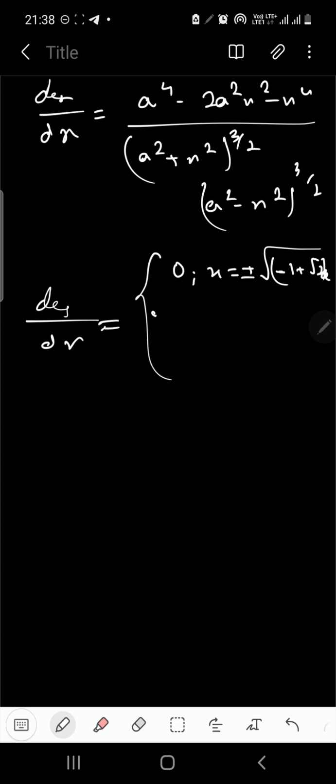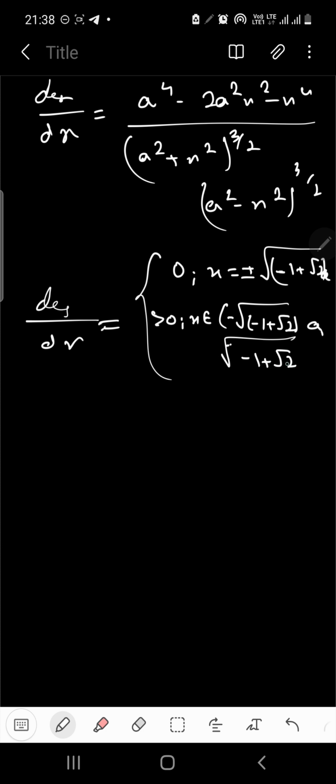It is greater than 0 when x belongs to the open interval minus root over of minus 1 plus root 2 times a, comma, root over of minus 1 plus root 2 times a.